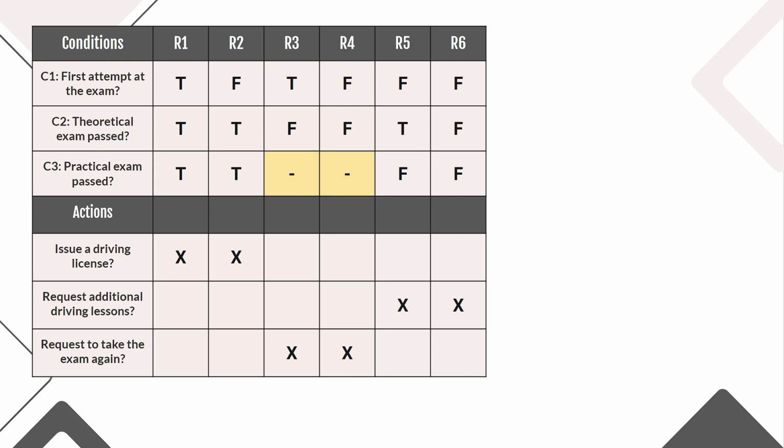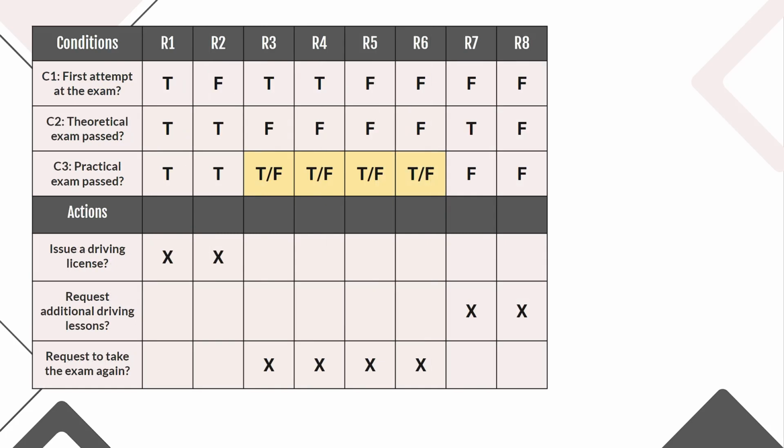And as you can see, as a result of that unmerge, we got 2 more columns with a dash. Accordingly, we will get 2 additional columns. First, let's note that both can have a third condition, practical exam passed, both true and false. In this way, we will get 8 columns instead of 3 that we had at the beginning. As we said, this question is much more complicated than it seemed at first glance.